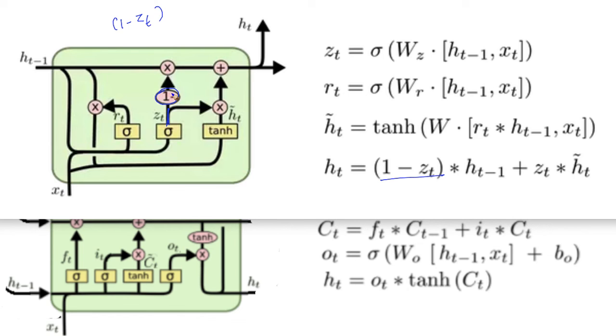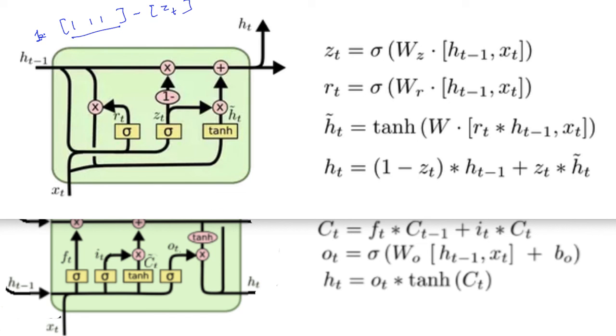This is again pointwise, right? So if this zt is a vector, then we are creating a vector of 1s here, like this, 1, 1, 1, right? So we are creating a vector of 1s, and from that we are subtracting this zt. So we are doing that 1 minus zt.